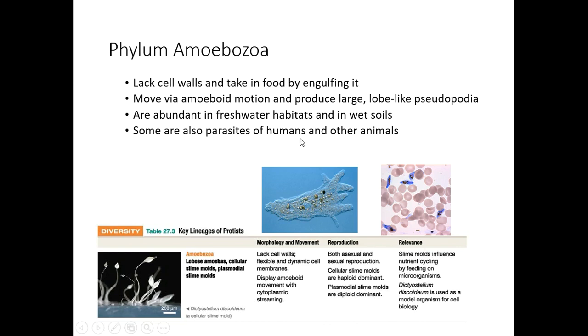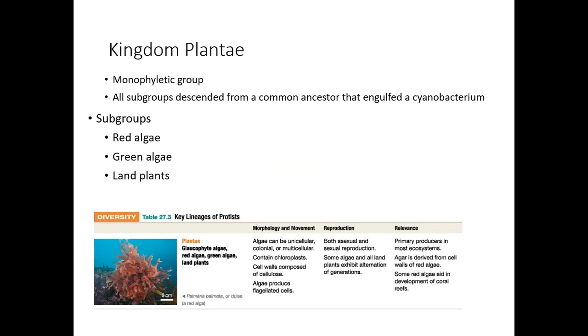Some are parasites of humans and other animals, which we talked about earlier in the last lecture. So we have Acanthamoeba, the brain-eating amoeba, all of these things that you find in freshwater habitats and wet soil. Some of these can be pretty nasty, but you want to recognize the phylum Amoebozoa. We did talk about these in terms of their impacts on humans already.